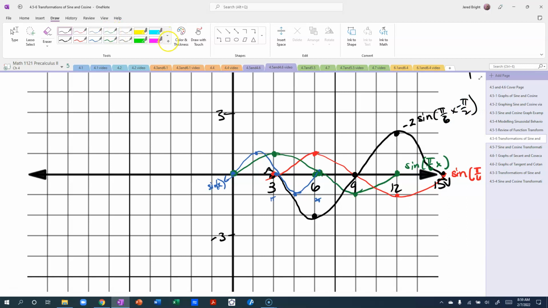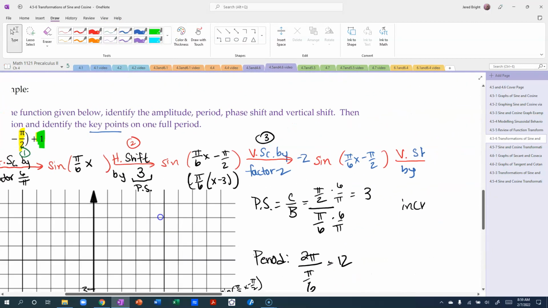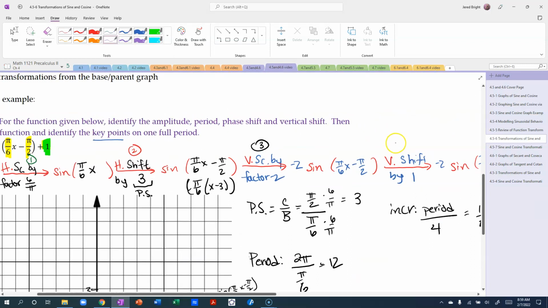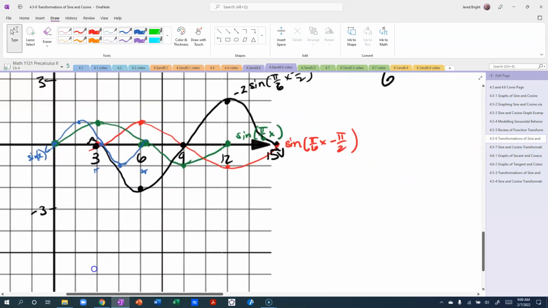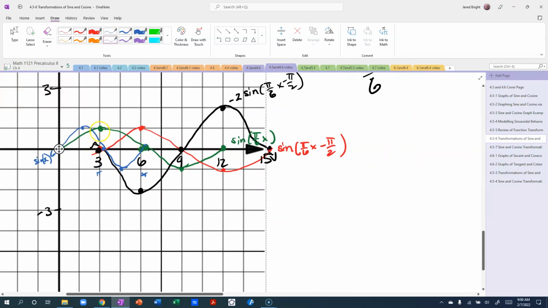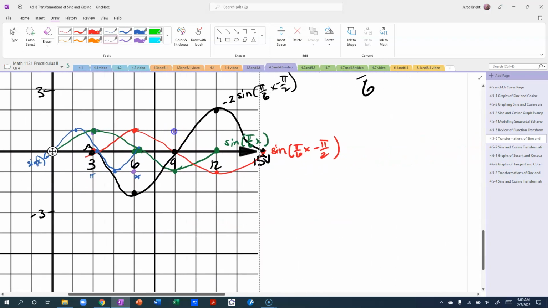And the last one that I'm going to do in purple here is to shift by 1 unit. So I have all these points. Shift them up 1, shift them up 1, shift them up 1. This is going to look a little messy, that's fine.